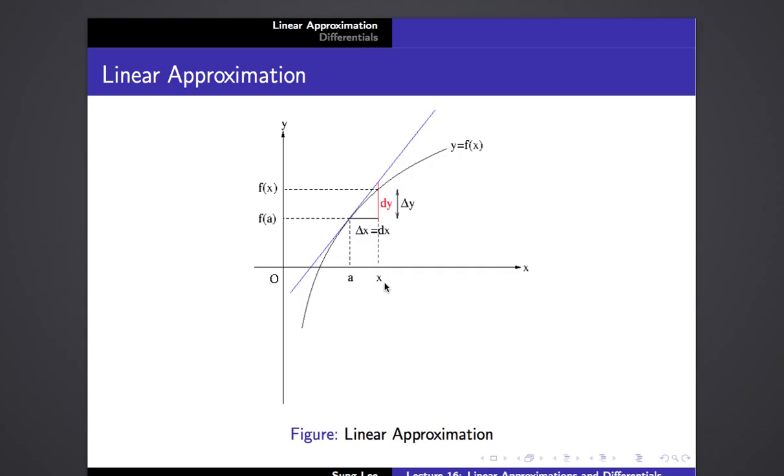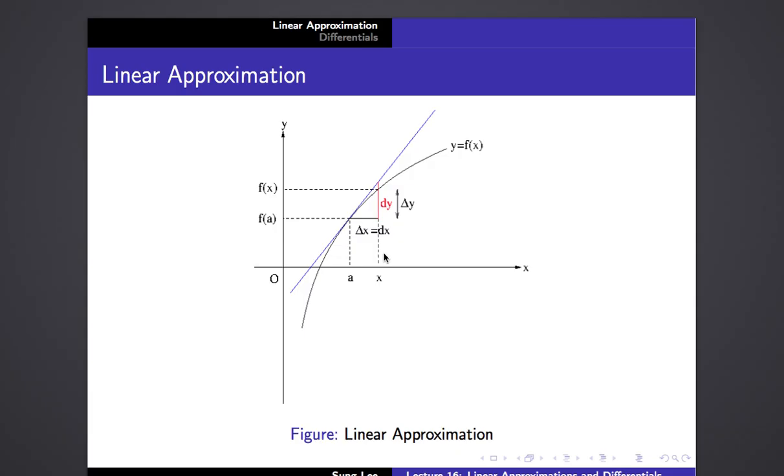So in this case, delta x, which is the same as x minus a, is going to be very close to zero. So infinitesimal. In other words, delta x is going to be the same as dx.